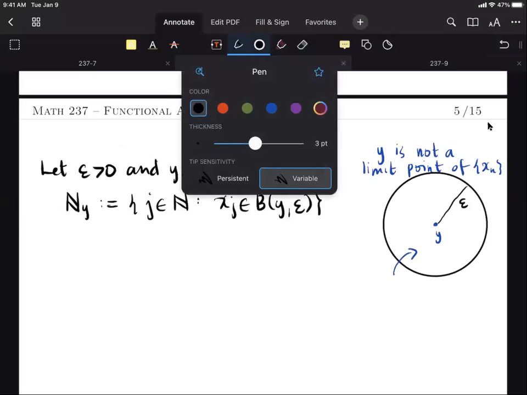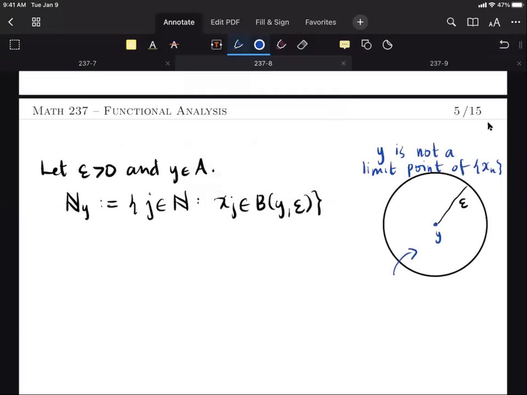Okay, so given this epsilon, this must contain only a finite number of elements of your sequence xn.